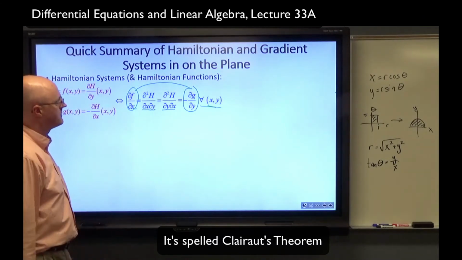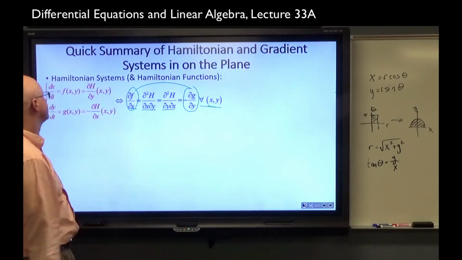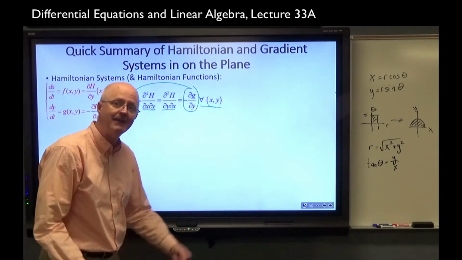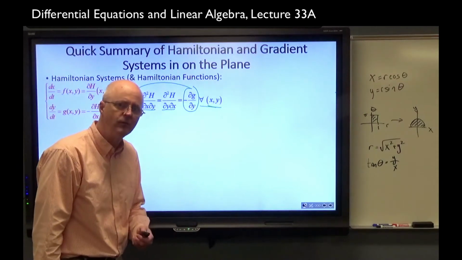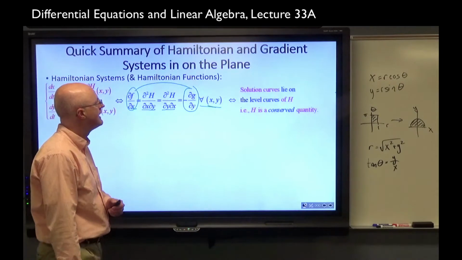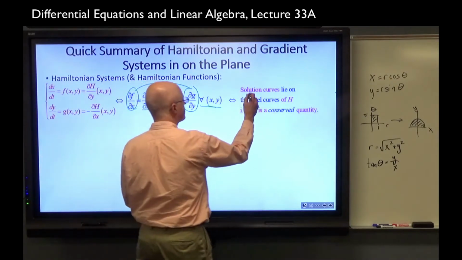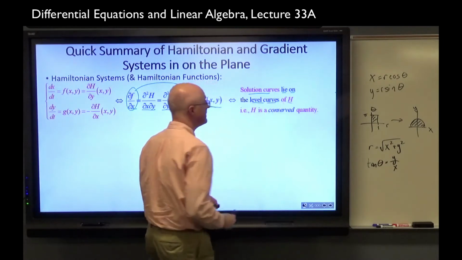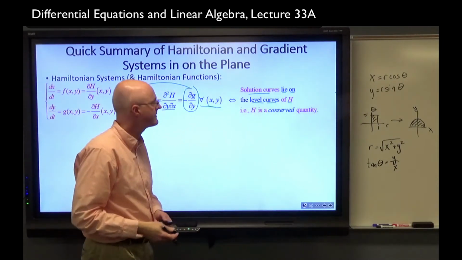What else did we learn? Because of this, it turns out that the derivative of h with respect to time along solution curves is always 0, no matter what solution curve you're talking about. That means solution curves lie on the level curves of h, curves in the plane where h is constant.